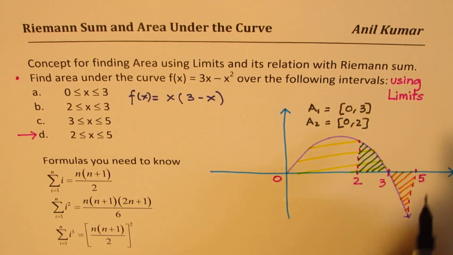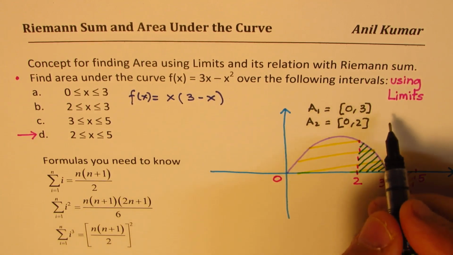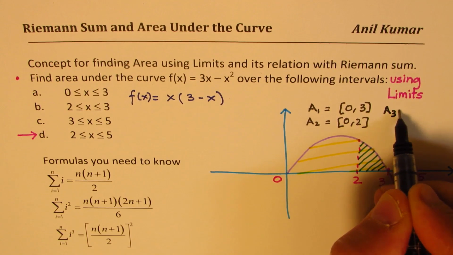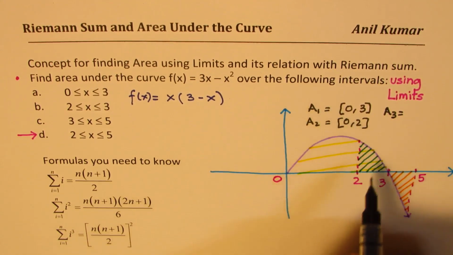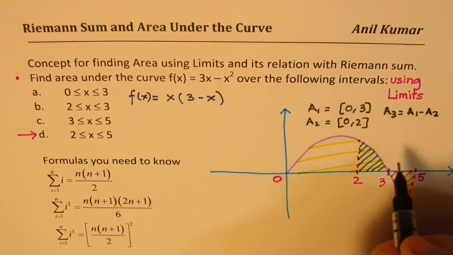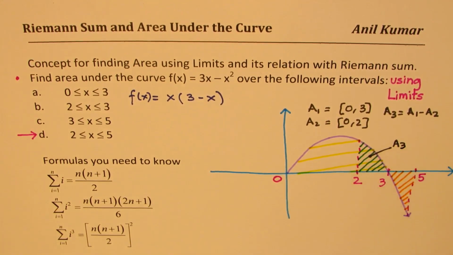And then from these calculations, we'll find A3, which will be the difference of A1 and A2. So A3 will be this area for us. Perfect. The green area, which we need.